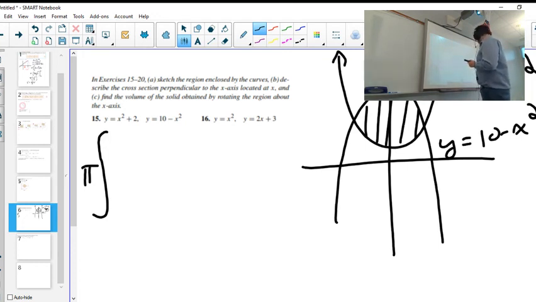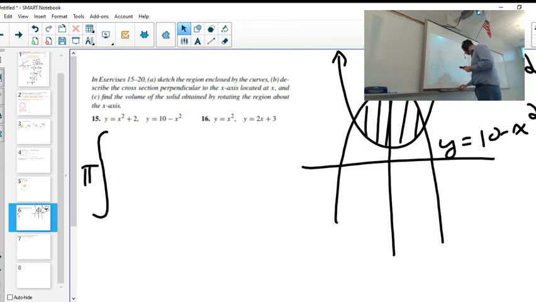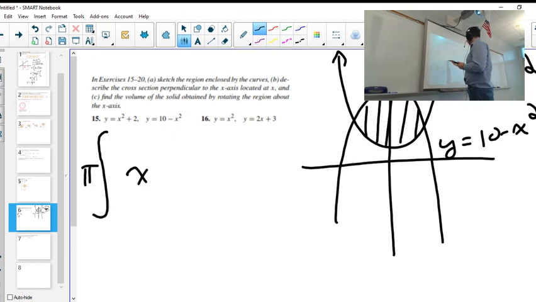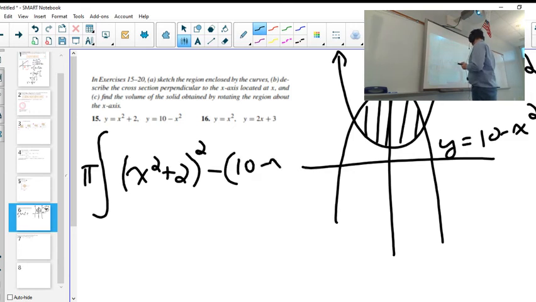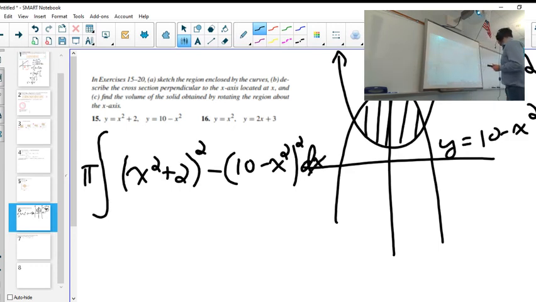So my outer radius is x squared plus 2, squared, minus the inner radius, which is 10 minus x squared, squared, dx.